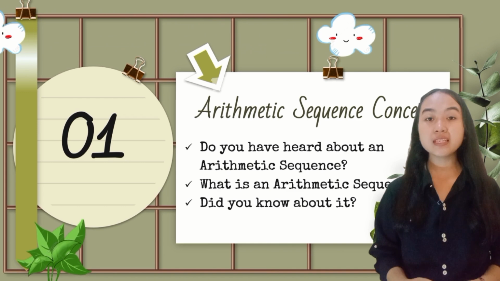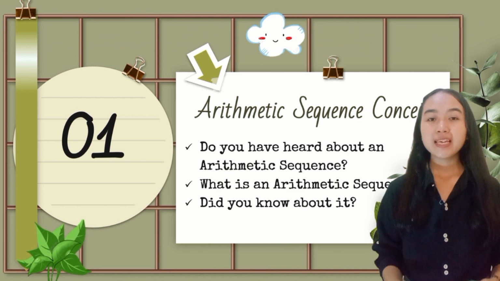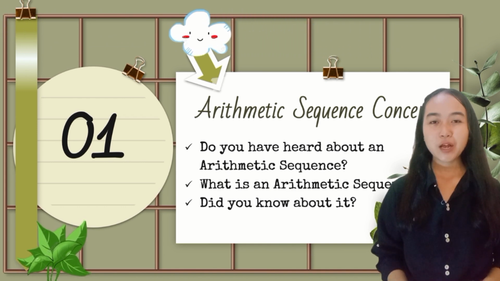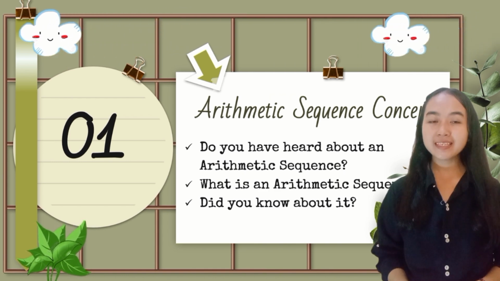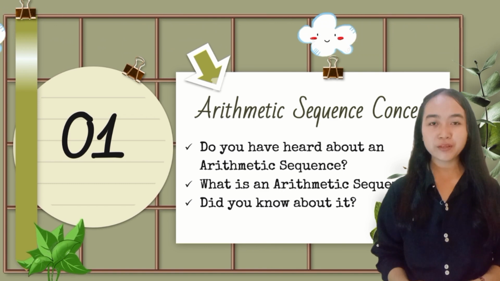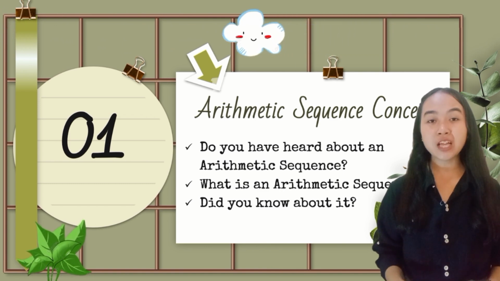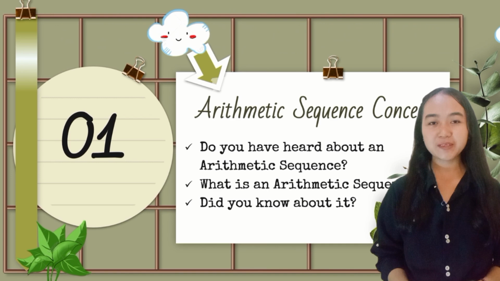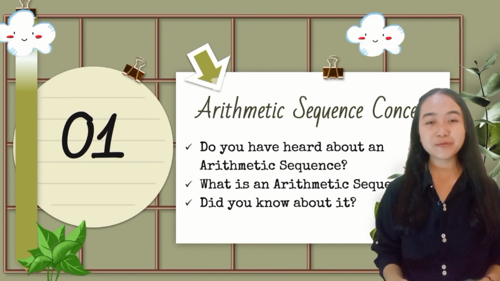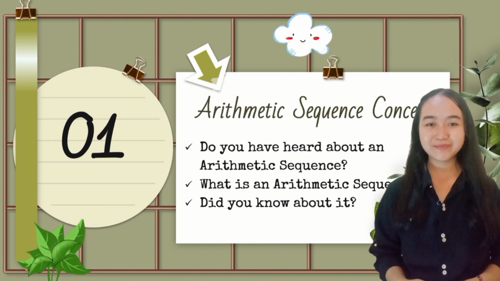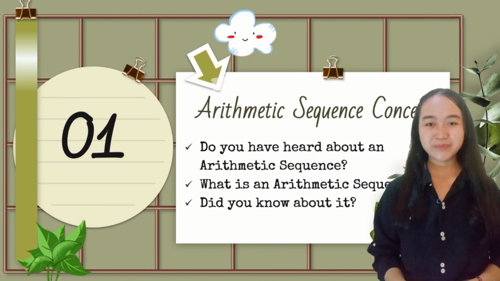A simple example of such a rule is an arithmetic progression, where the next number in the list is found by adding a fixed value to the previous number. The result is known as an arithmetic sequence. Arithmetic sequences can be used to describe quantities which grow at a fixed rate. Let's learn together.